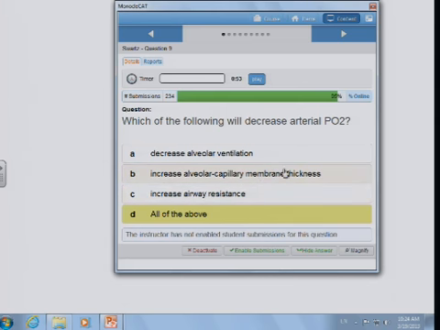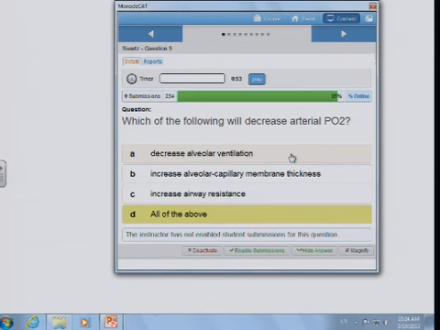Here we can have a normal alveolar PO2, but we have a decreased arterial PO2 due to a decrease in diffusion because we increase the distance of diffusion. And as we increase airway resistance, increasing airway resistance will decrease alveolar PO2, therefore decreasing arterial PO2, and hence all of the above. So make sure when you think about these, think about what's affected initially and then subsequently.